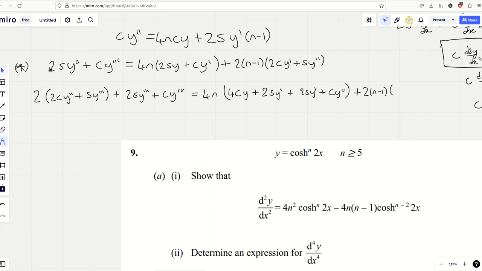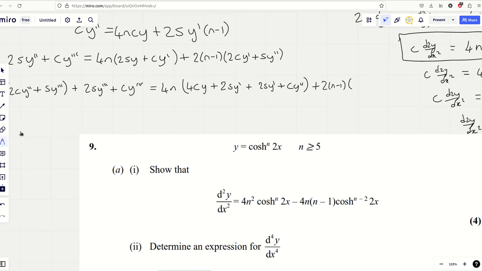Oh wow, what a long expression. No wonder I wanted to shorten it. Okay, here I'm going to have 4s y dash plus 2c y double dash.